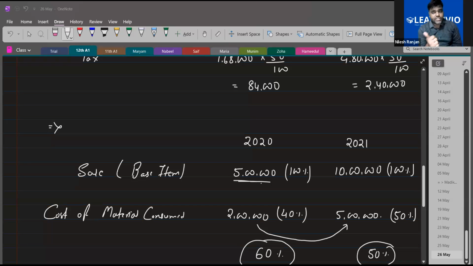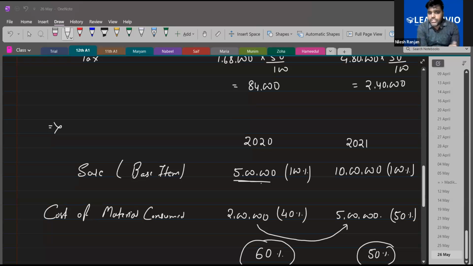To analyze the change in individual items, yes, I just told you how to analyze the individual item on the basis of the base item. Every year you have to check that your individual item is not increasing by too much, and if there is any change, then you can find the reason why there is a high change in the value of any individual item.